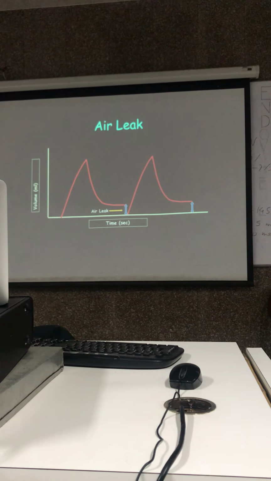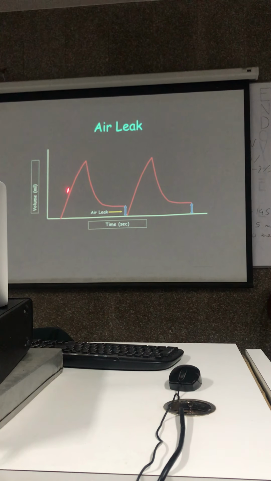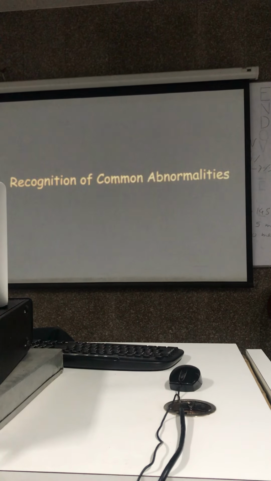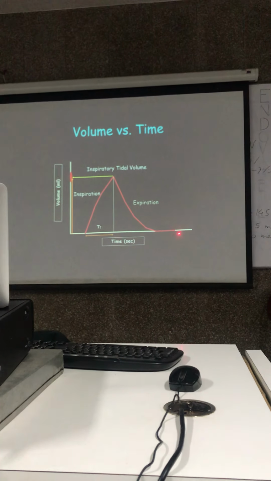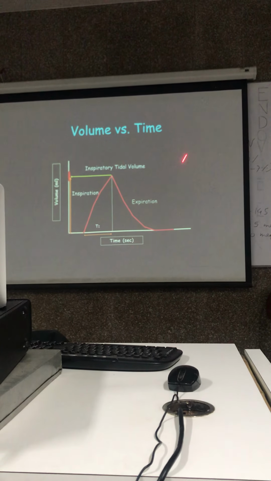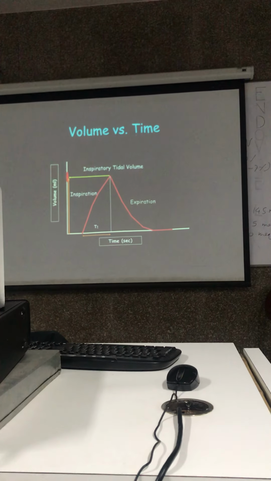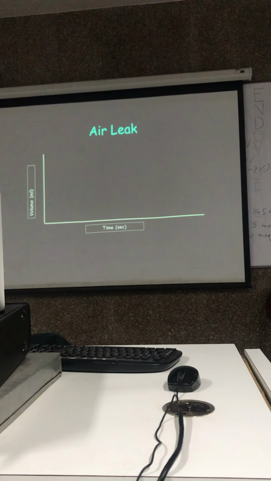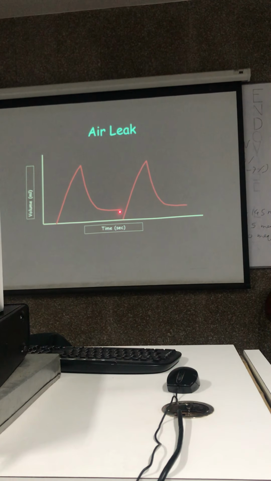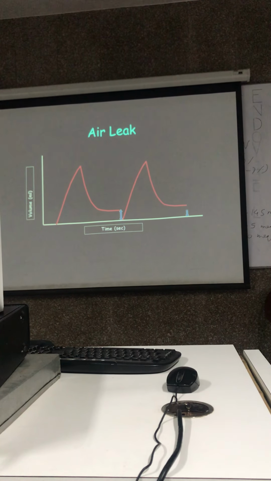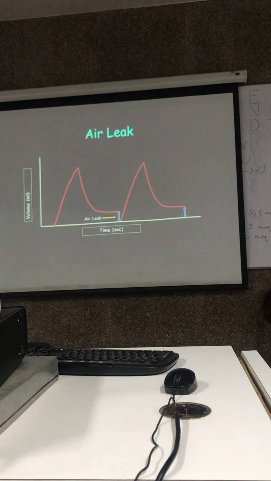In a volume time scalar, you would see, like in the previous one, that this comes back to baseline, and there is a zero flow before the next inspiration starts. If it doesn't come back to baseline, it's highly suggestive that there is an air leak in the system.